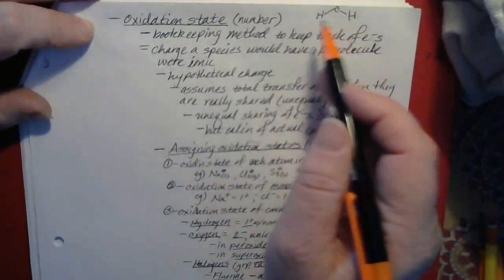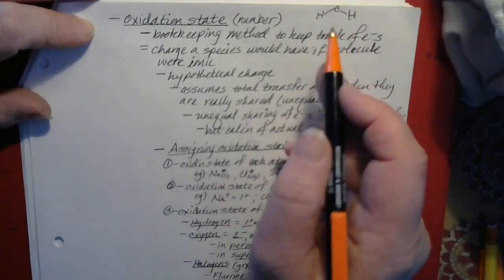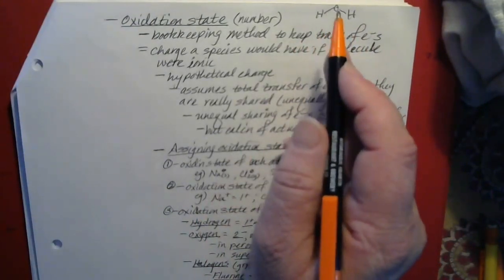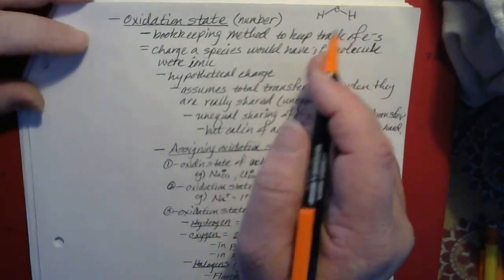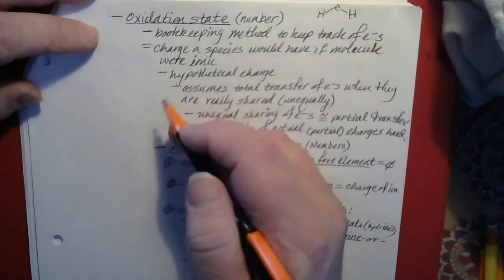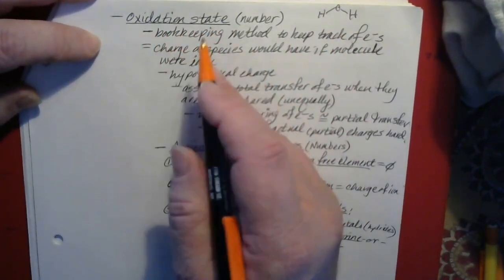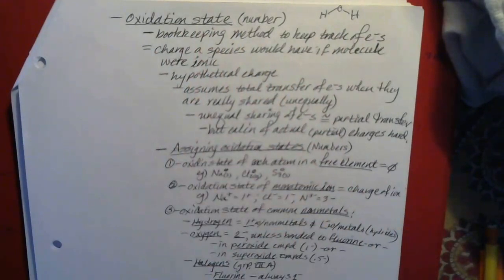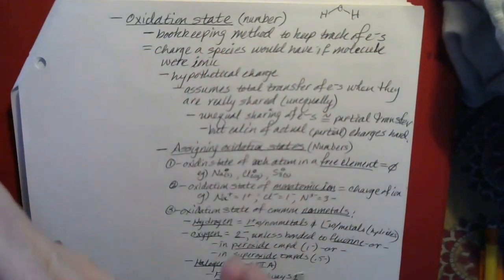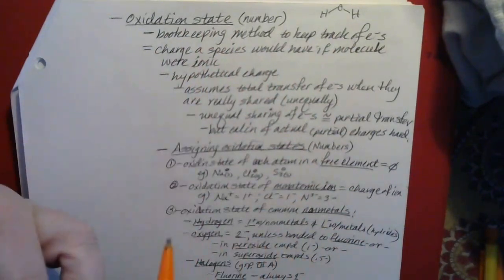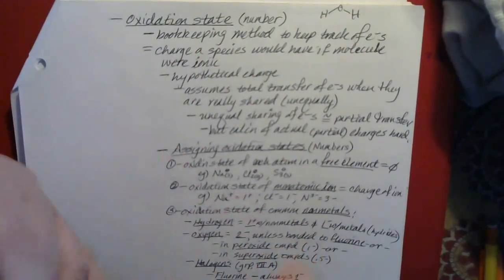In cases like this, it's really hard to determine what the charge will really be in covalently bonded compounds. So what we've done is we've decided to use these things that we call oxidation states, which are essentially hypothetical charges that we put on the atoms in a covalent compound, which are basically the charges that the atom would have if the compound were ionic.